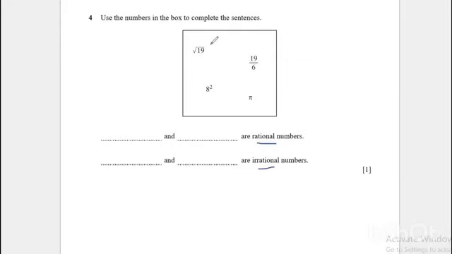Whenever you have a prime number under a square root, that is irrational as well. And pi is also an example of an irrational number. So here 8 squared and 19 over 6 are rational numbers, and the square root of 19 and pi are irrational numbers.